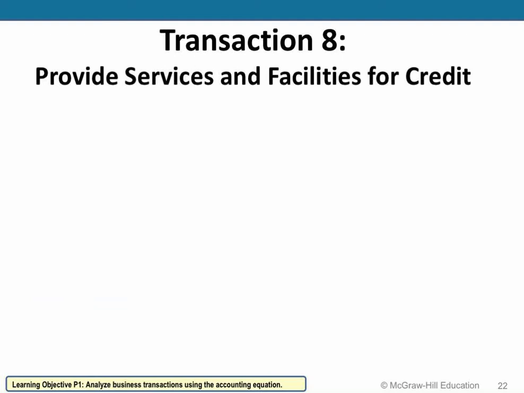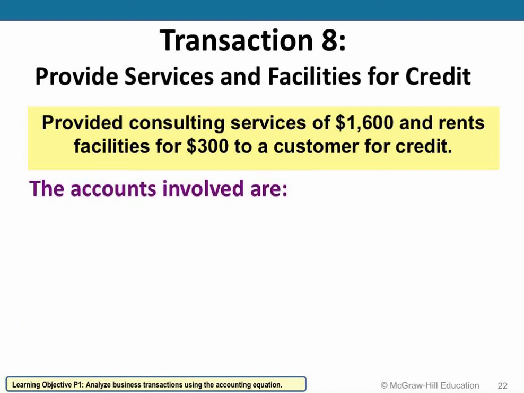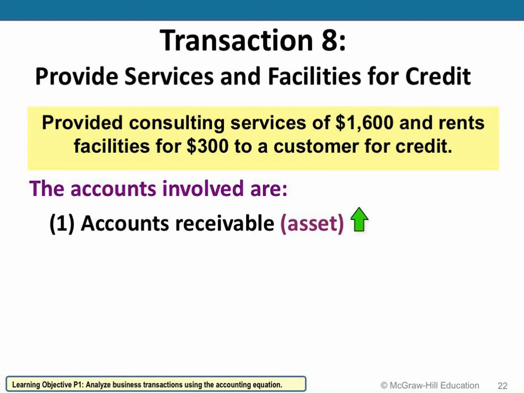So the next transaction, we've got providing services and facilities for credit. So here we're providing consulting services and renting the facility to a customer for credit. So the account involved is going to be accounts receivable, which is going to be a different type of asset. This is going to be one in which we are owed money from the customer because we're providing those services to the customer on credit. So we're telling the customer, hey, you don't have to pay us today.